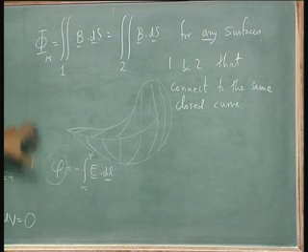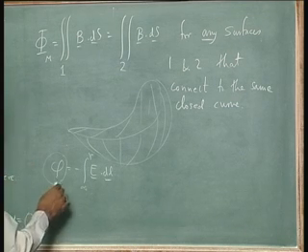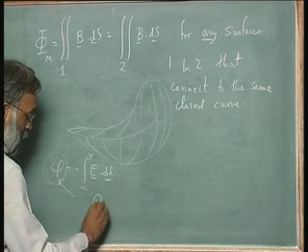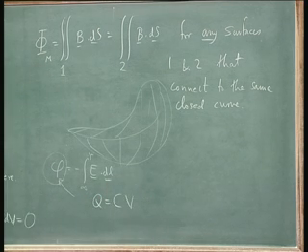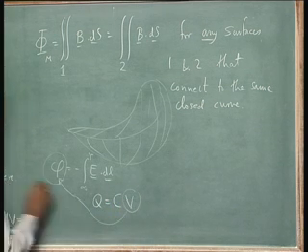Now, if you see these two as analogues, then you can ask: potential is stored in capacitors, right. I mean, potential, you have a relation Q equals CV, and voltage is nothing but potential.